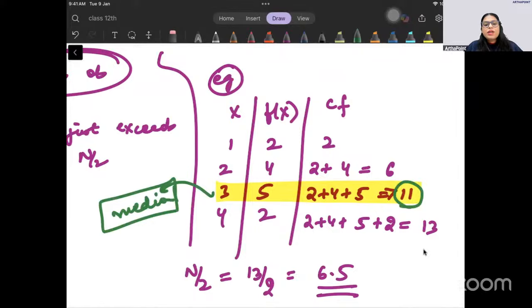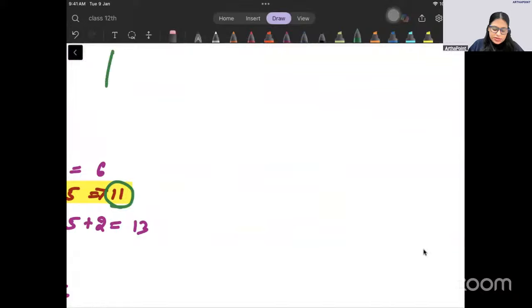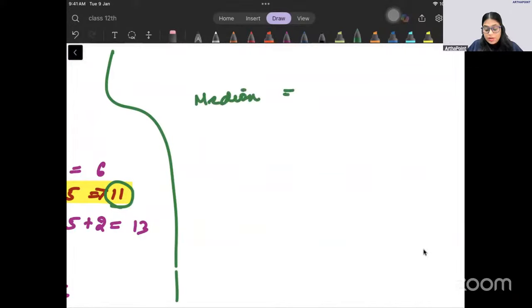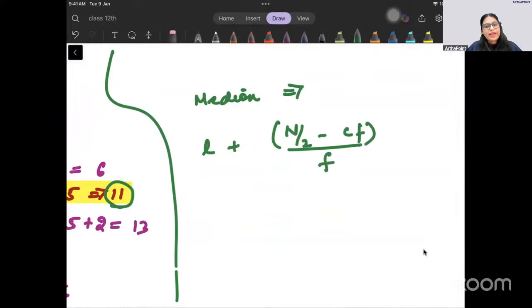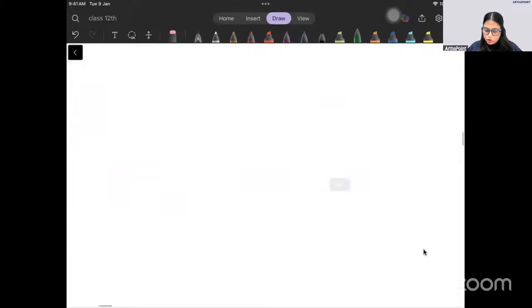Okay, the next one that you have is median for continuous frequency. So if you have continuous frequency, then the median becomes lower plus n by 2 minus CF, divided by f, into h.